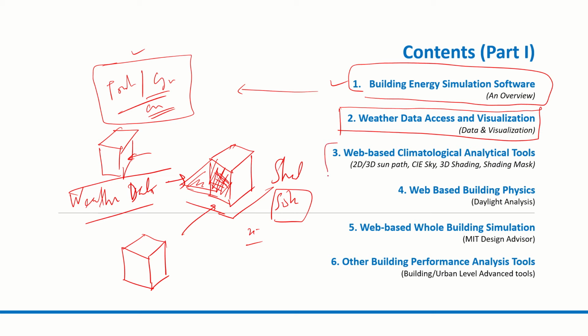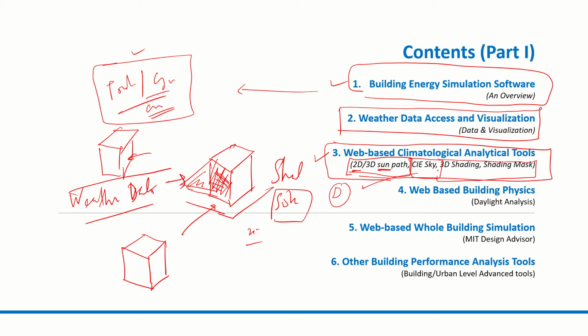Then we will explore very simple tools available on the open source platform, where we can see how we understand the 2D sun path, 3D sun path, and what CIE is, and how it impacts the building.